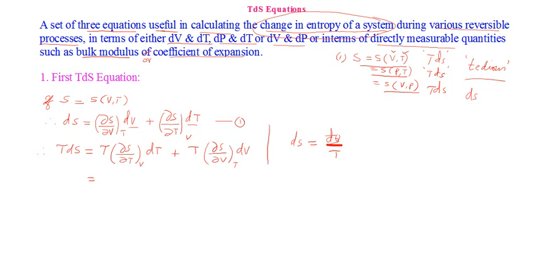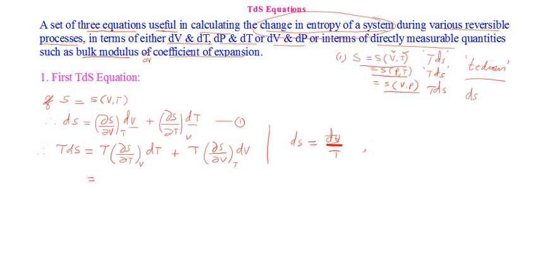So now if I'm considering a reversible isochoric process, so this is the general equation that we write. If we are considering a reversible isochoric process, what modification do I have to write? You know that you are specifying that it should be an isochoric process, meaning the volume should be constant. So instead of writing ds, I'll be better writing dou s.